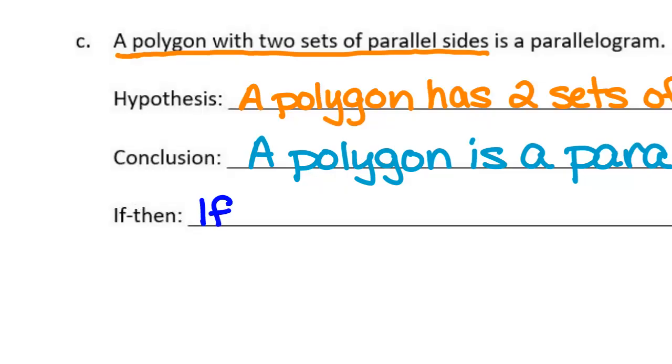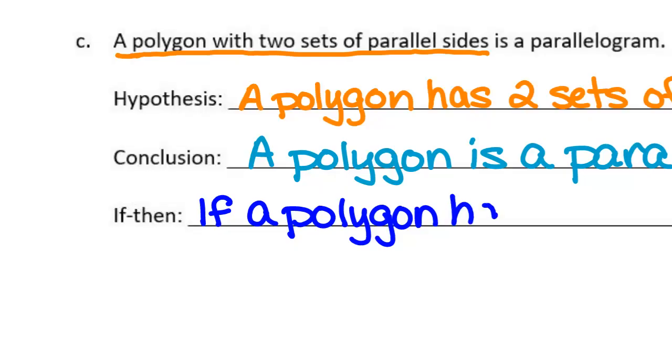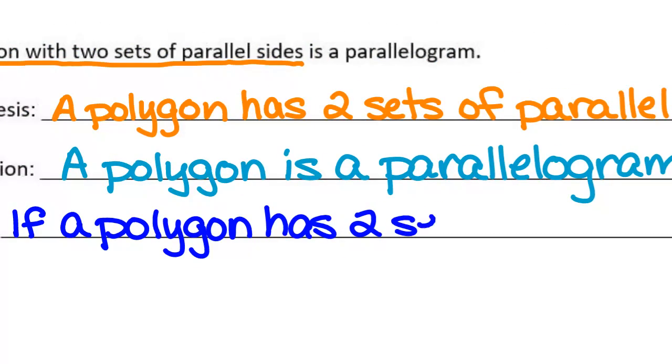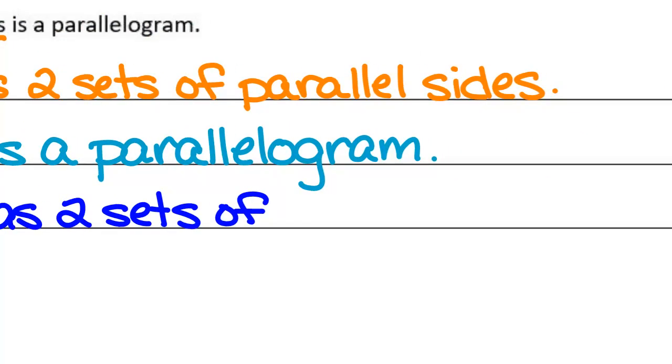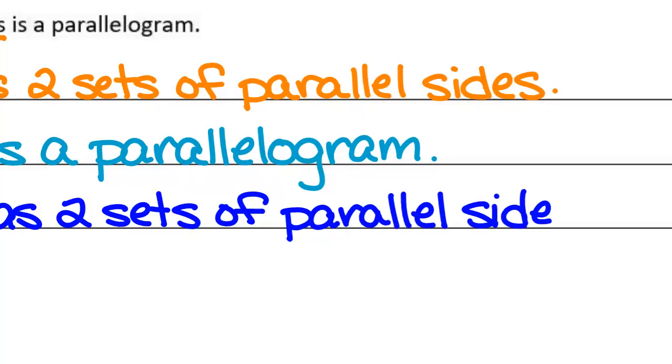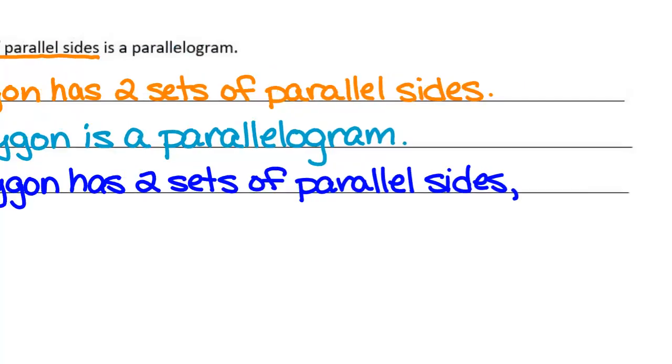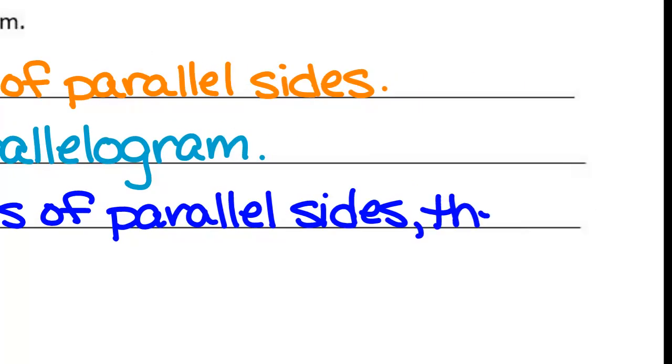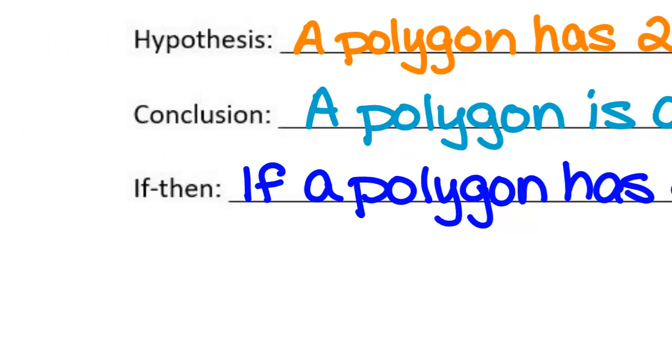If a polygon has two sets of parallel sides, comma, then it is a parallelogram.